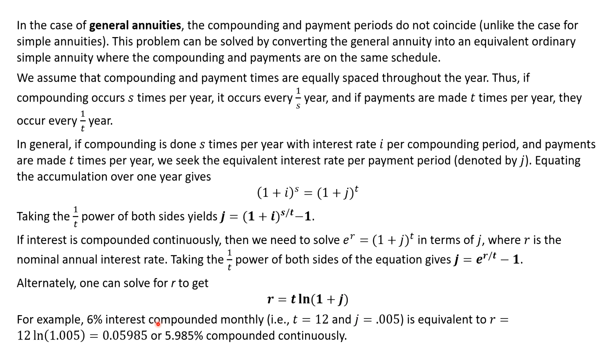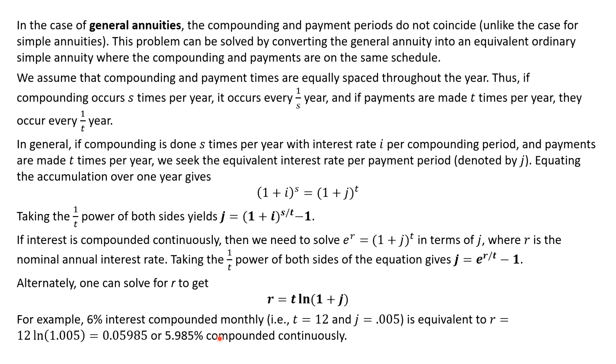So for example, 6% compounded monthly, we have T equals 12, J is 0.06 divided by 12, which is 0.005, and this is equivalent to R equals, just plugging into this equation here, 0.05985, so it's equivalent to 5.985% compounded continuously, which you would expect.